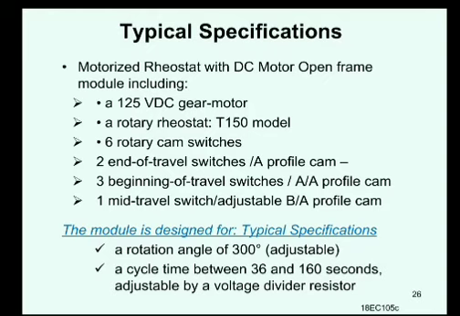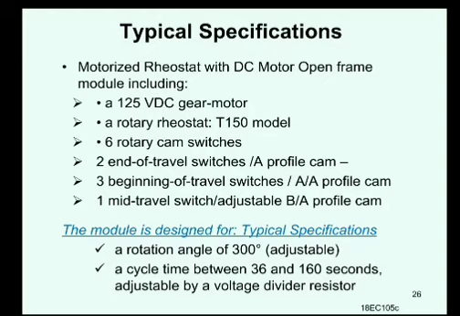Then further, the module is designed for typical specifications of a rotation angle of 300 degrees adjustable. That means you can vary the angle between 0 to 300 degrees. Then you have a cycle time between 36 and 160 seconds, adjustable by a voltage divider resistor.